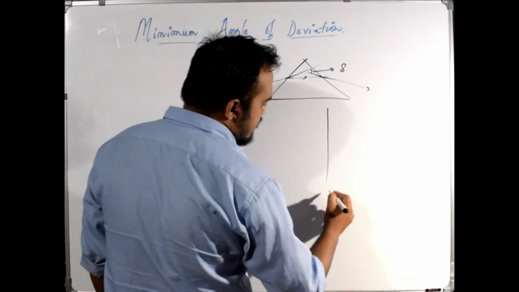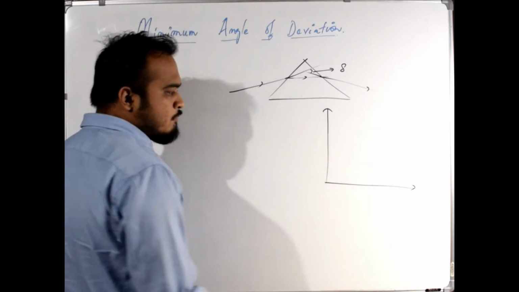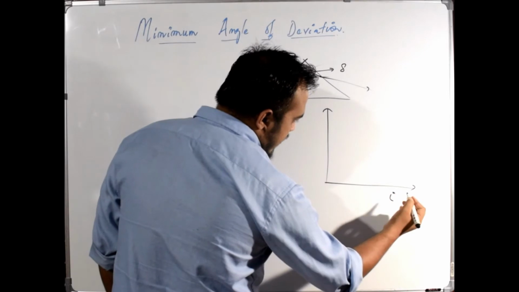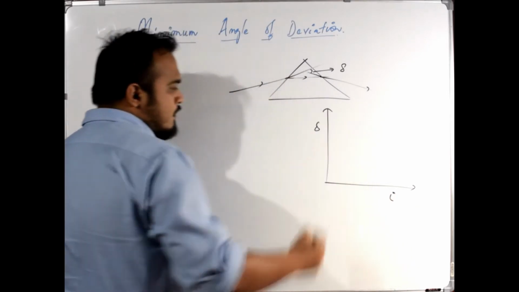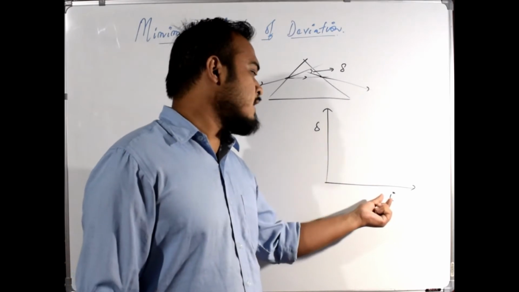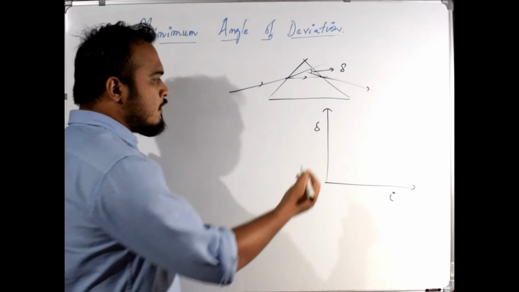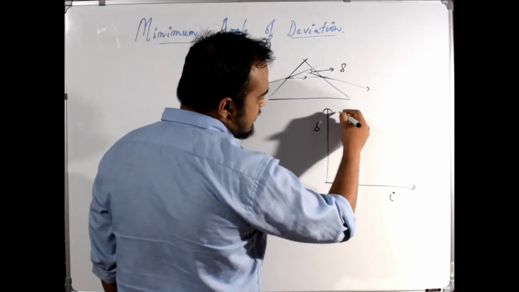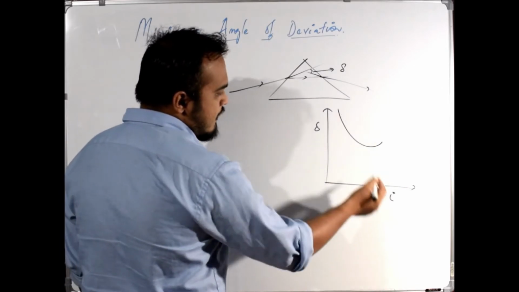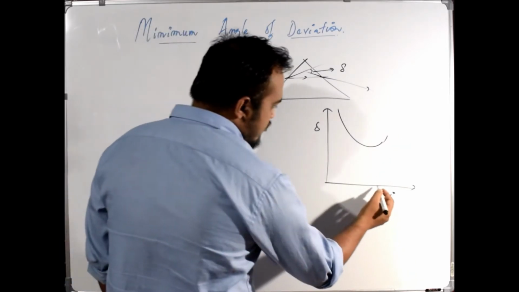So graphically, if we represent the I versus delta graph, it has been found that the graph between I versus delta is somewhat like this.